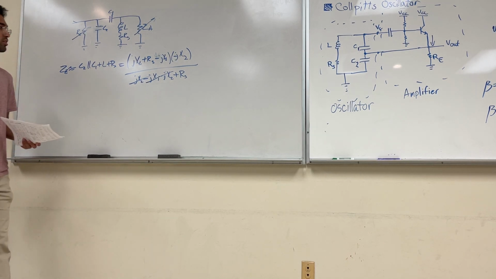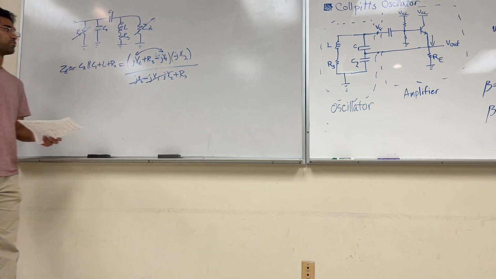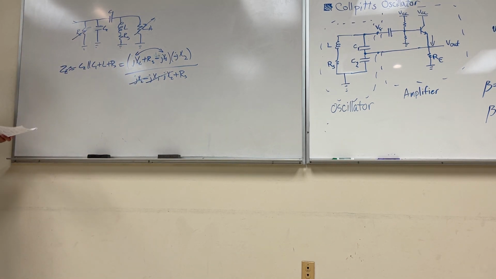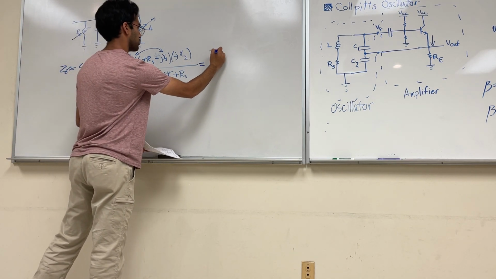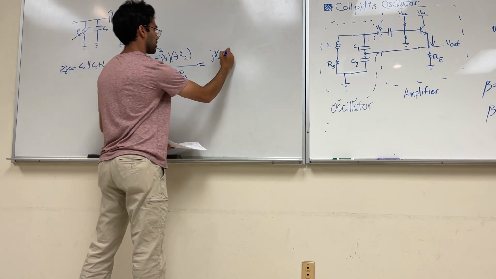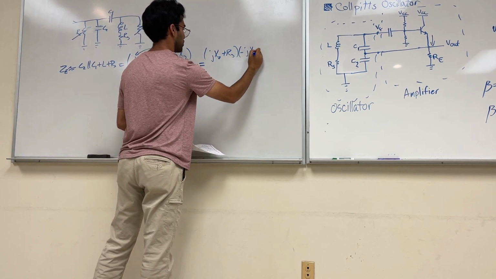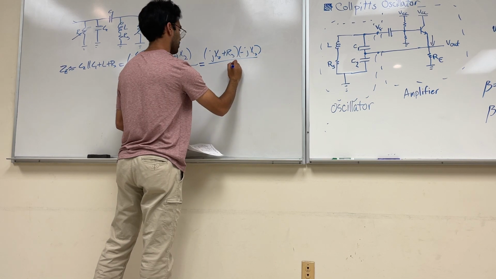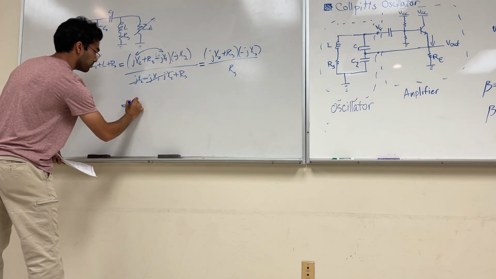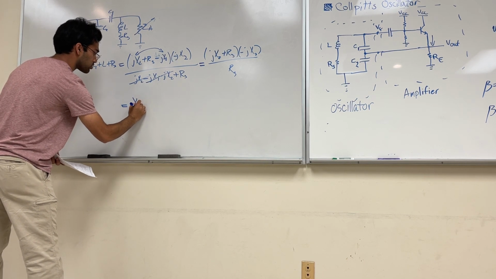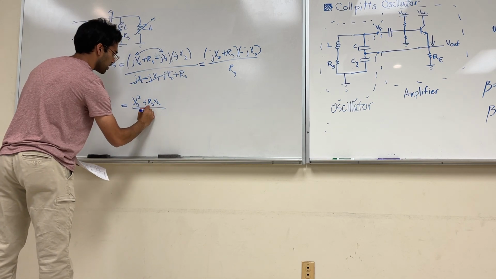What you're left with, and these two can simplify to jX2, is jX2 plus RS times negative jX2 over RS, which equals X2 squared plus RS X2 over RS.